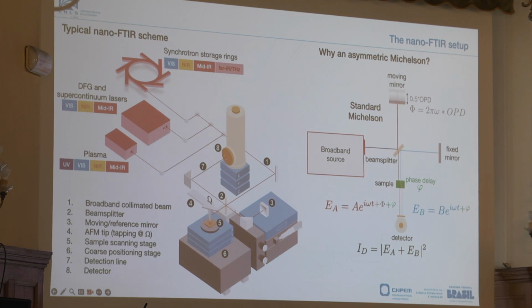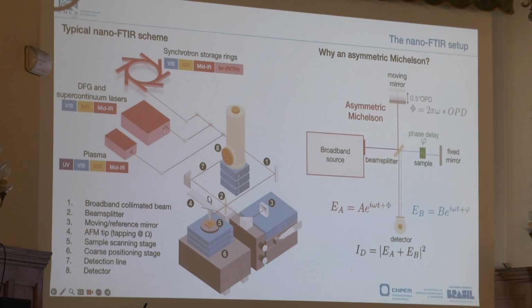So now, if we go to a different configuration where we still have far field, with the sample in one of the arms of this interferometer, now the sample information, or the sample absorption, is in just one of the fields coming here. But of course, the detector is still mixing everything.